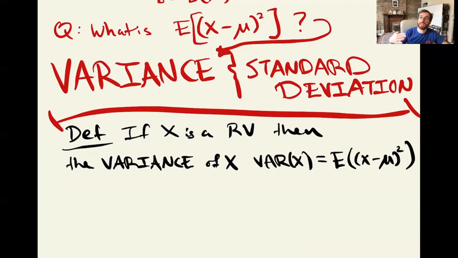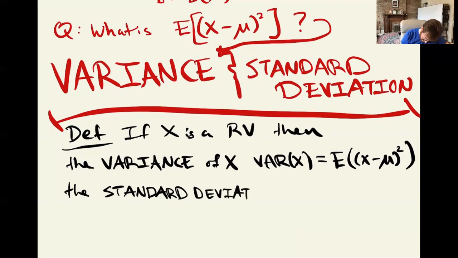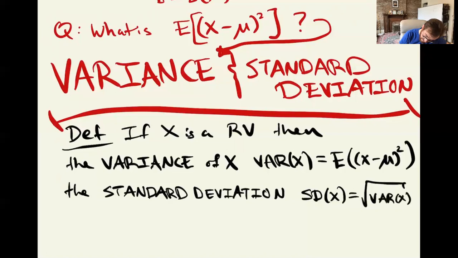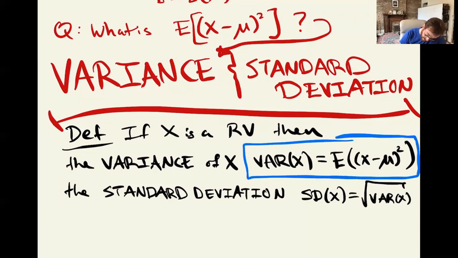Now, if we don't want squared deviation, we just want ordinary deviation, we have to take the square root. And this is, for some reason, called the standard deviation. This is written SD of X is equal to the square root of the variance of X. And so I'm just going to go ahead and put these guys in colorful boxes because they're very important.